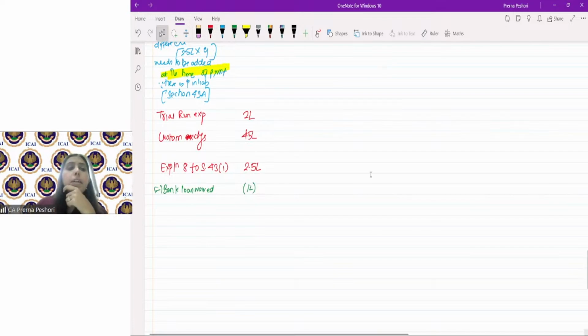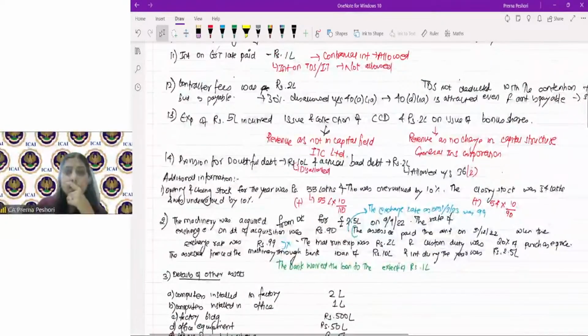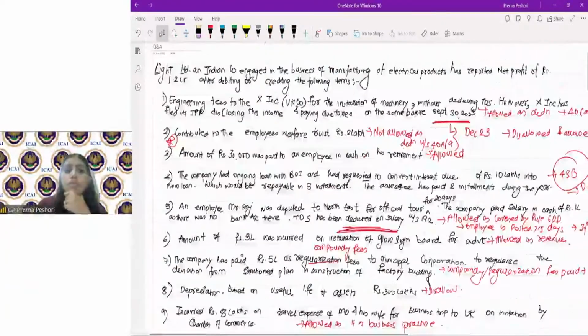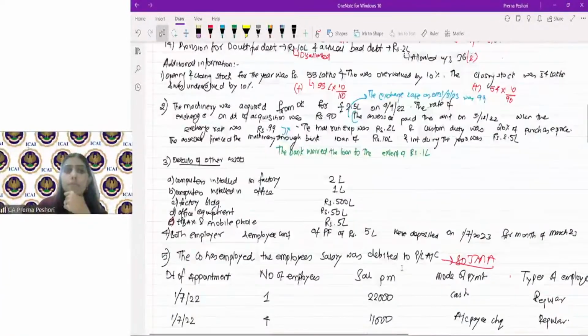Now, what will be the rate of depreciation over here? What will be the rate of depreciation? How 30%, Janvi? No, Kaushiki.